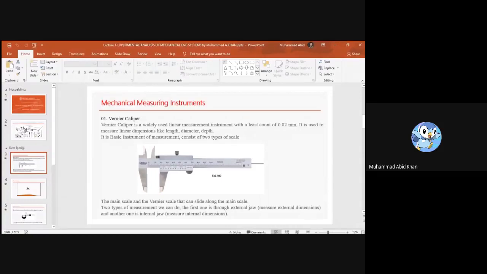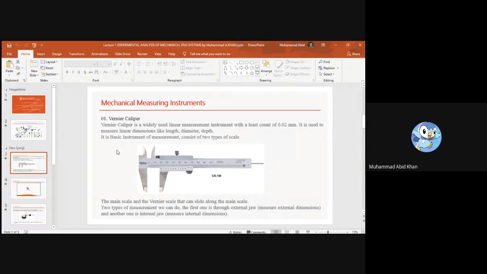It is a basic measuring instrument, and it consists of two types of scale. You can see in the figure the main scale and the vernier scale that can slide along the main scale.